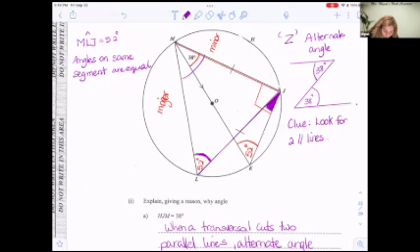So if this whole angle is 52, what is this part here? 14. And what is this part here? Because here is 52, here is 52. What is the missing angle here?